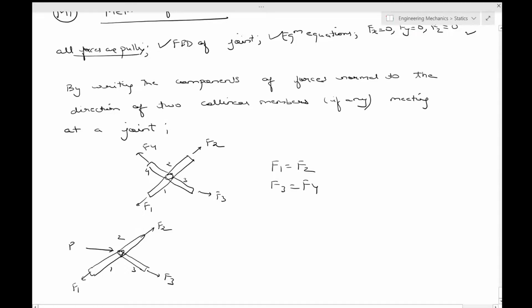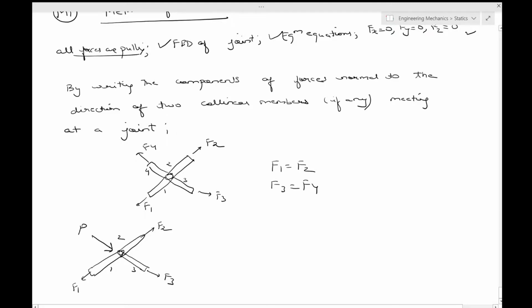F1 acts on member 1 and so on, the force in member 1. The important thing is that the joint has a load P, and this is in the direction of the third one. P acts in the direction of F3.